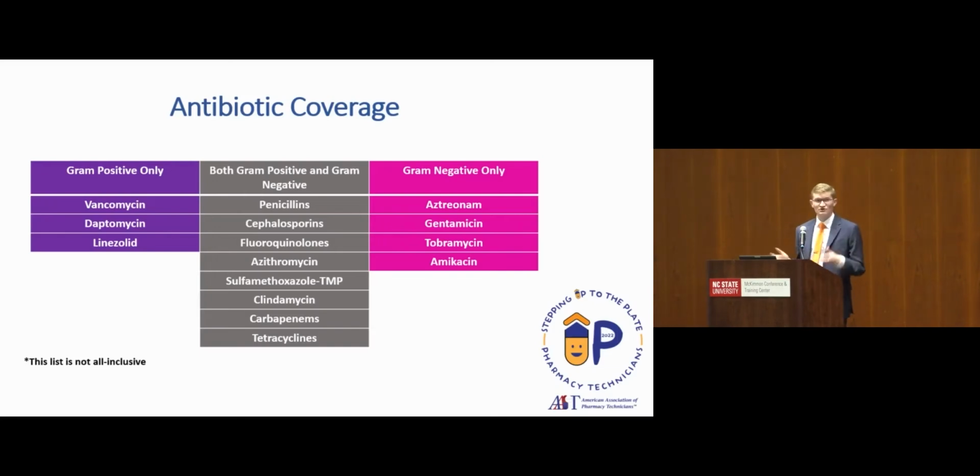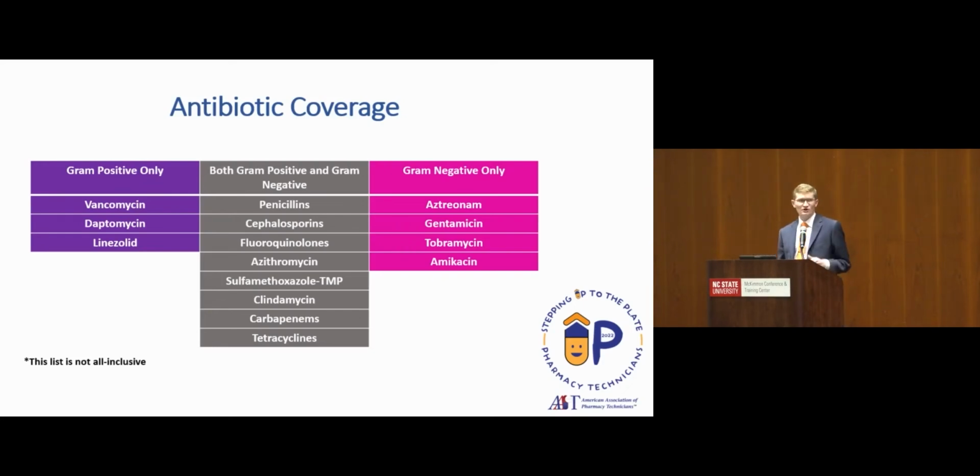Daptomycin is an alternative to vancomycin for when we can't use vancomycin, another common gram-positive only antibiotic. And then gram-negative antibiotics, such as our aminoglycosides, our gentamicin, our tobramycin, aztreonam's a unique one. Those are only going to target gram-negative bacteria.